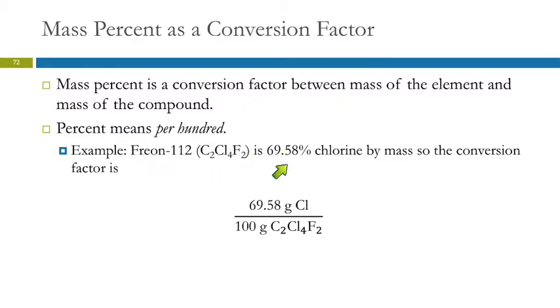And we are being told that it is 69.58% chlorine by mass. So that means we've got 69.58 grams of chlorine per 100 grams of the entire compound. This is a useful conversion factor if we had a mass of Freon and we wanted to know the mass of chlorine that was in it.